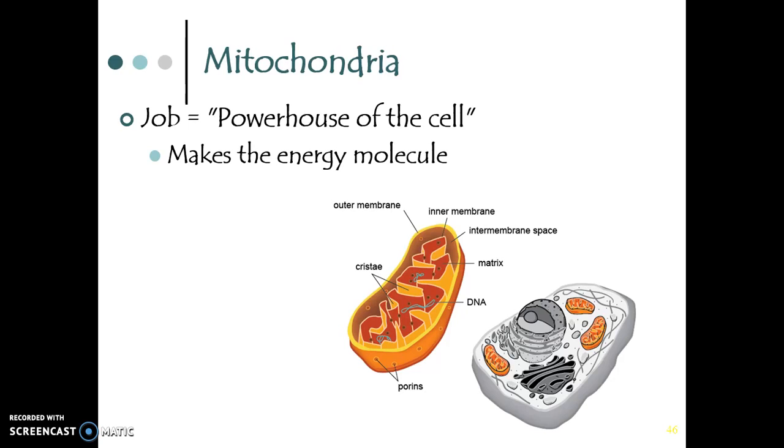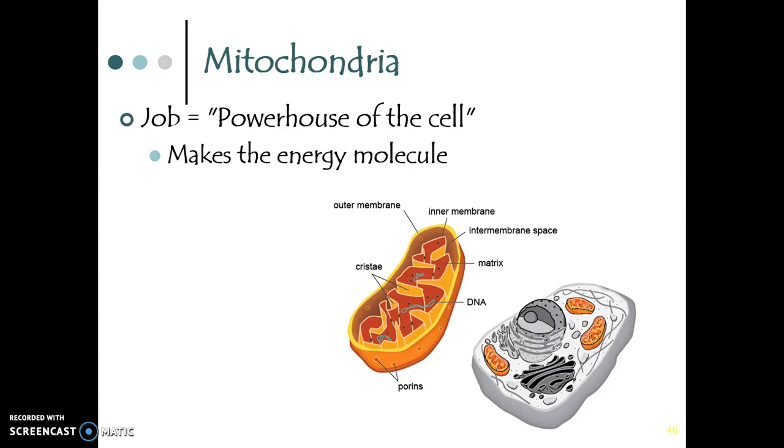That's the job of the mitochondria, to produce all of the energy that the cell needs to do all of the things that it needs to do. So going back to our city analogy, the mitochondria is like the nuclear power plant, creating all of the energy to power the city.